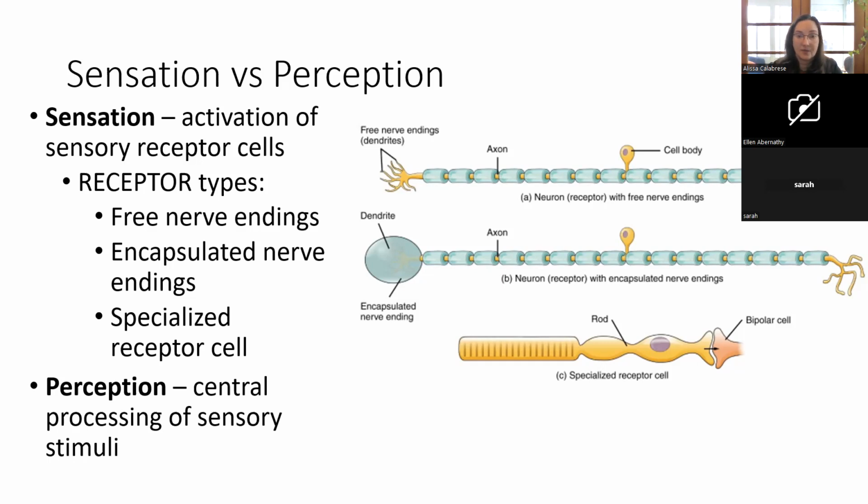The sensory receptor could be a pain receptor, a regular touch receptor, a photoreceptor in your eyeballs, or a chemoreceptor sensing taste or smell. All of that is just an electrical signal picked up by a sensory receptor. That's sensation. Perception is what happens in the brain. Perception is how you perceive that sensation.